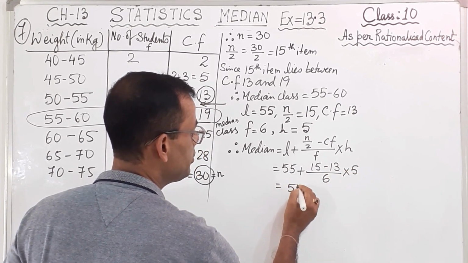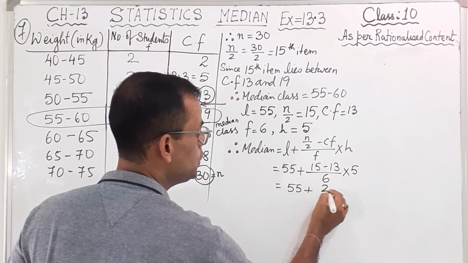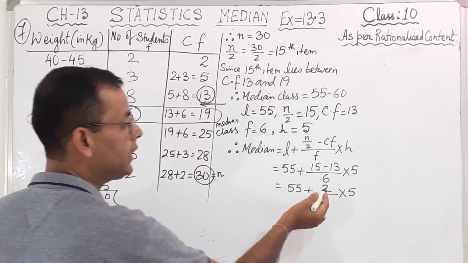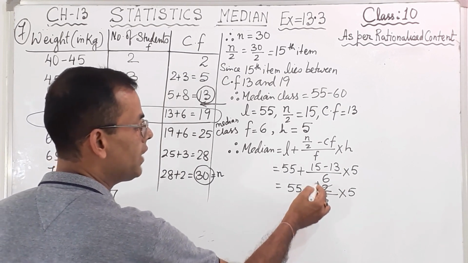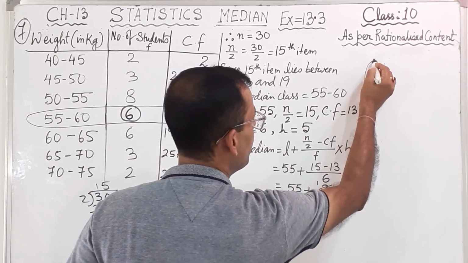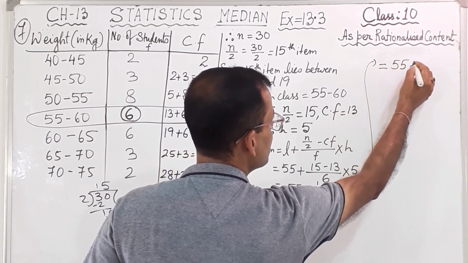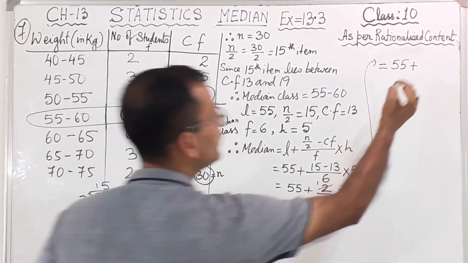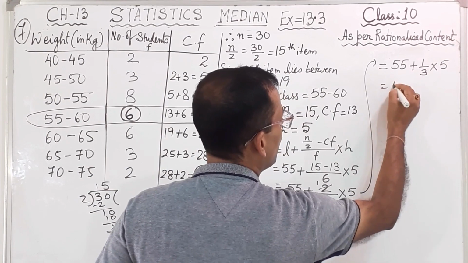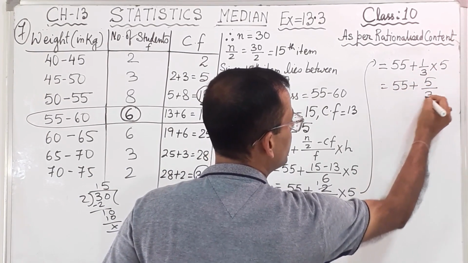Now 55 plus 15 minus 13 is 2 by 6 into 5. Now you can cut 2 and 6. 2 ones are 2, 2 threes are 6. So equal to 55 plus 1 by 3 into 5. So 55 plus 1 into 5, 5 by 3.